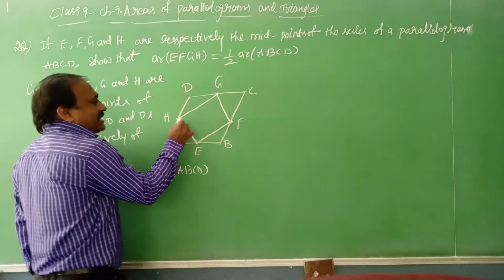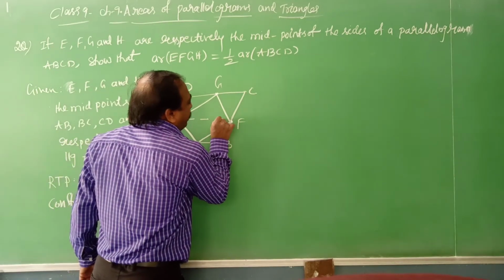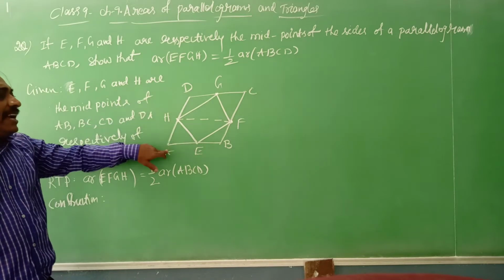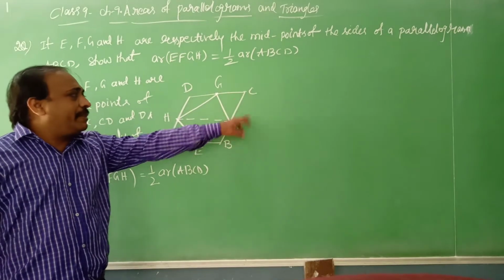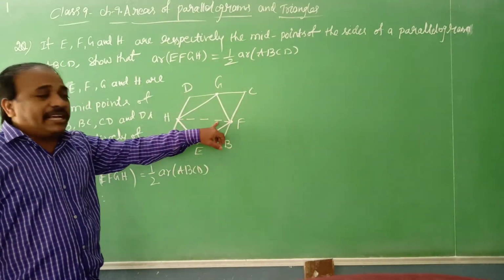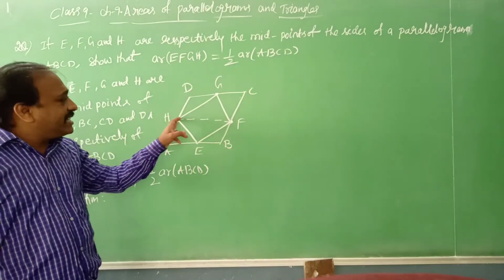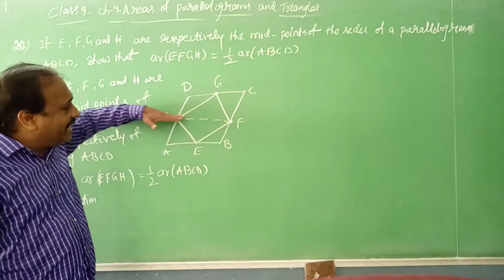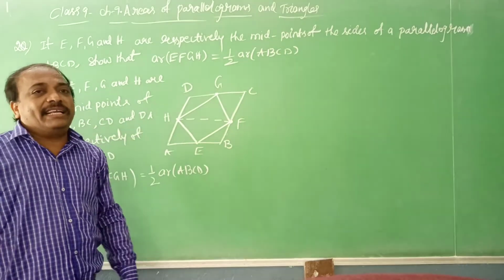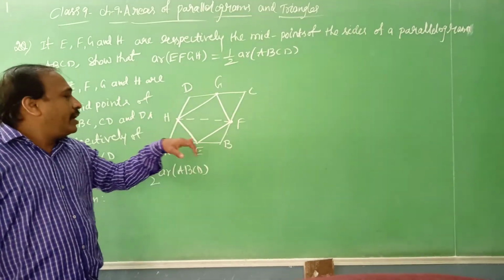Observe it. I am constructing by joining H and F. You see here, H is the midpoint of DA and F is the midpoint of BC. So HF is parallel to DC, and it is also parallel to AB.